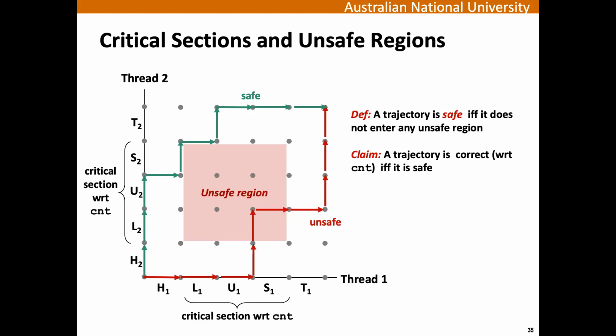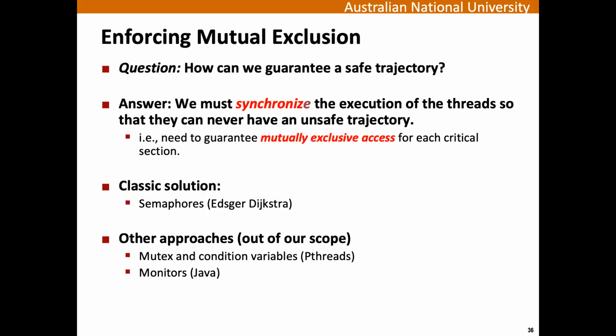And when we are writing multi-threaded programs, somehow we have to inform the kernel, enforce the kernel to stay out of this unsafe region. And the classical way to do it is using semaphores. So we have to enforce mutual exclusion, and that will help us guarantee a safe trajectory.